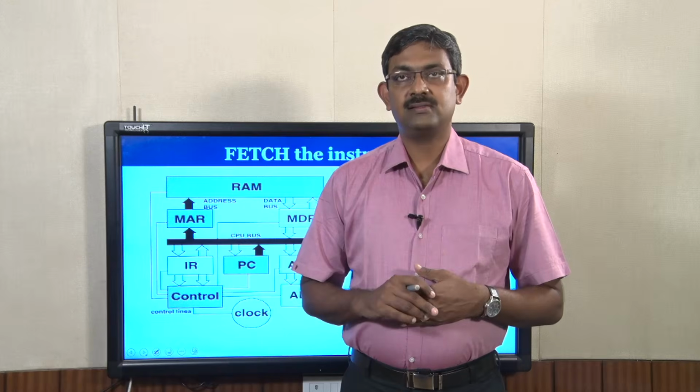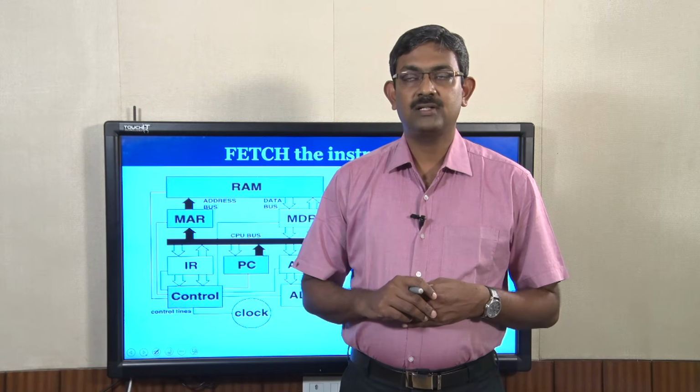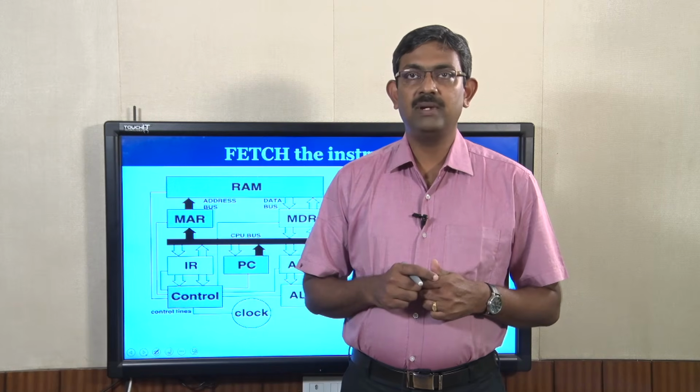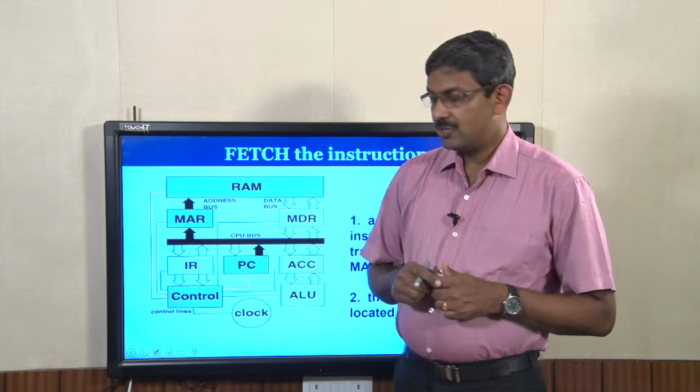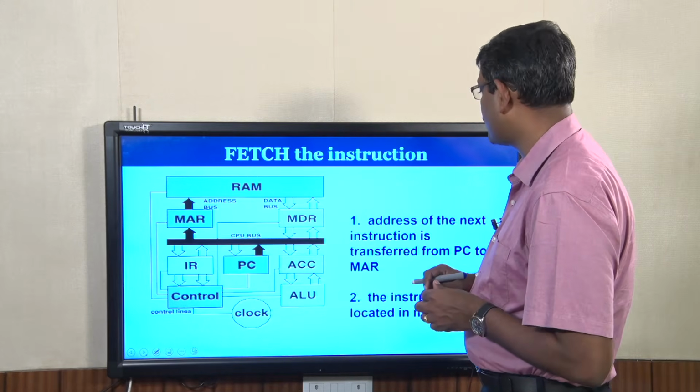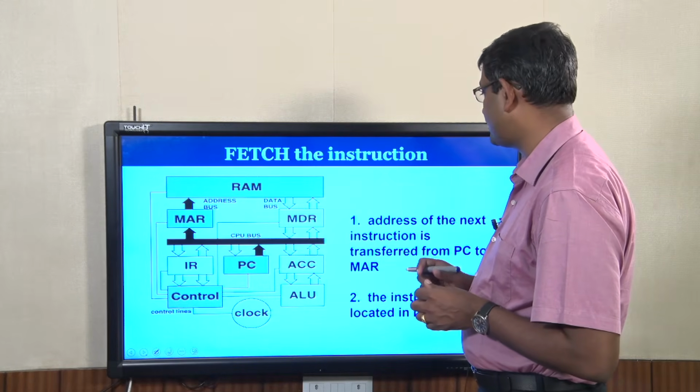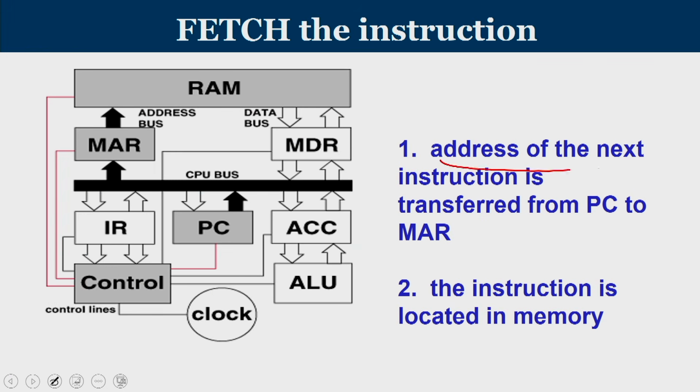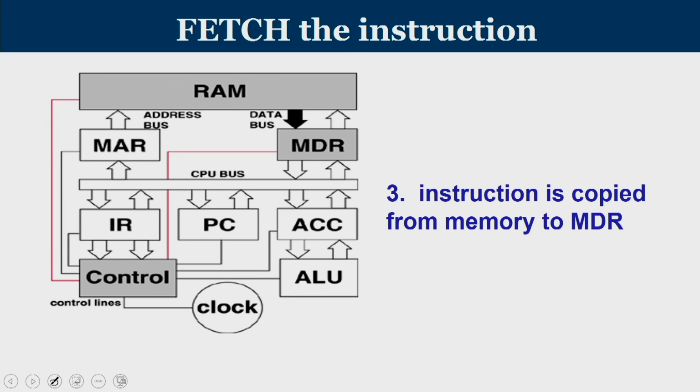Having known the various registers inside the processor, now let us see what the implications are of a fetch operation. The fetch operation generally starts from the program counter. If you want to fetch an instruction, the address of the next instruction, which is located in the program counter, is transferred to MAR. So the content of PC is transferred to MAR, that is the very first step. Then the instruction is actually located inside memory. Whatever the MAR is giving is an address, and based upon that, the instruction is located inside the memory.